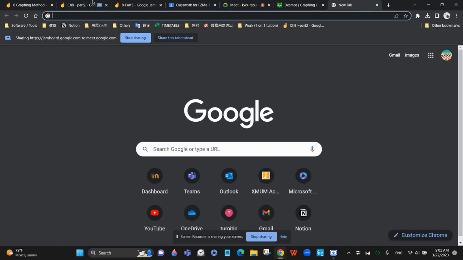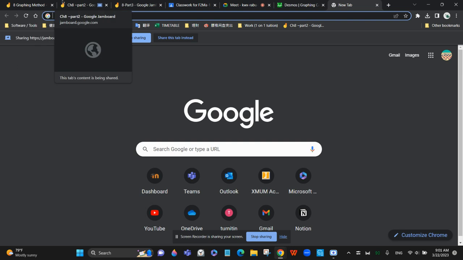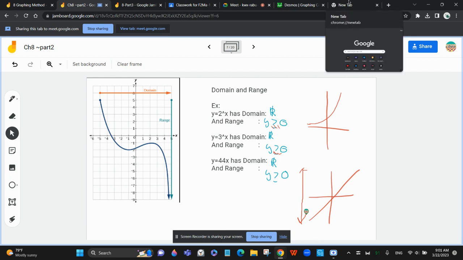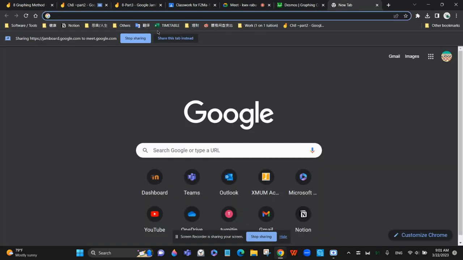And then the third one is 4 to the 4x. It's like this one. So is the range also larger than or equal to 0? Because the range is like all the values here.